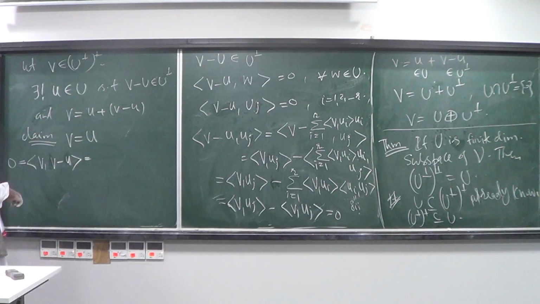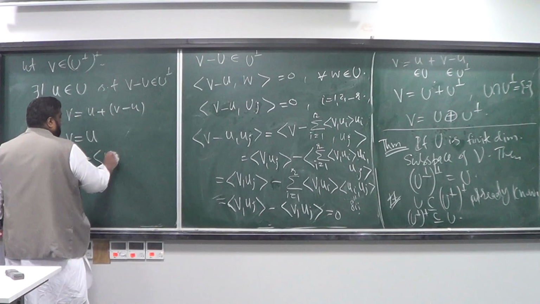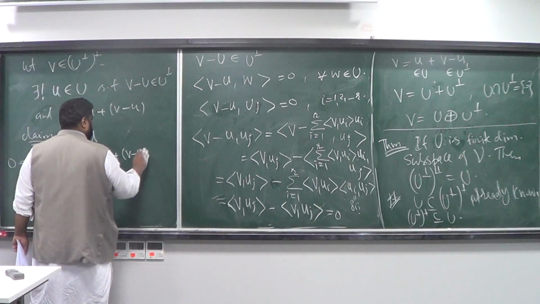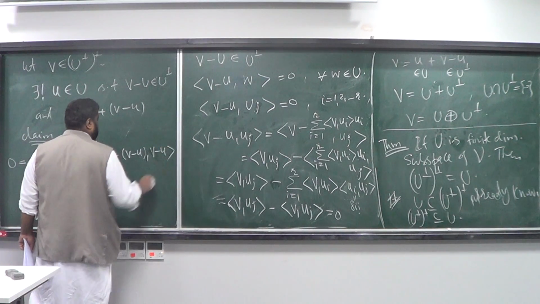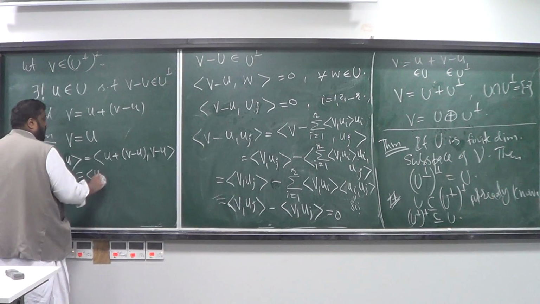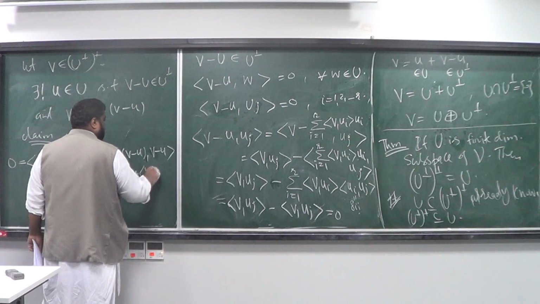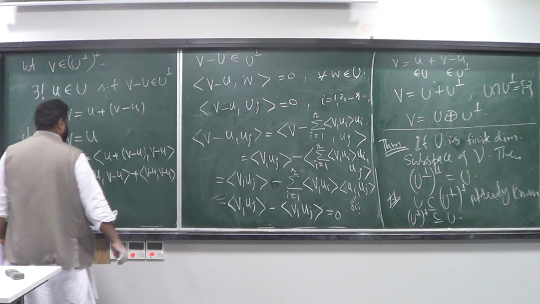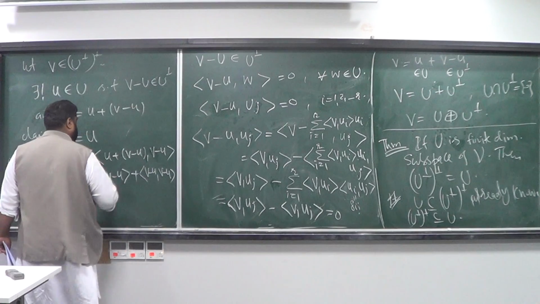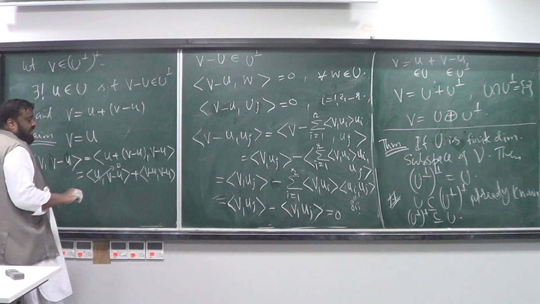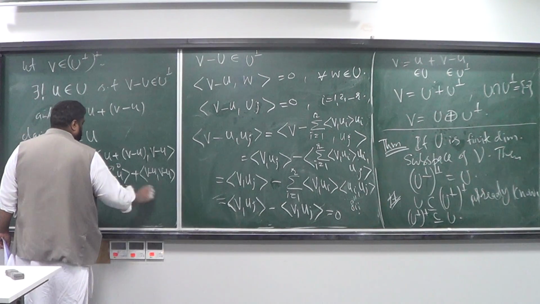Now if I write this v as u plus v minus u and simplify, I get the inner product of u with v minus u plus the inner product of v minus u with v minus u. What do I know about u? That u belongs to U, and v minus u is an element in U perp, so this is 0. And this quantity is equal to the norm of v minus u squared.